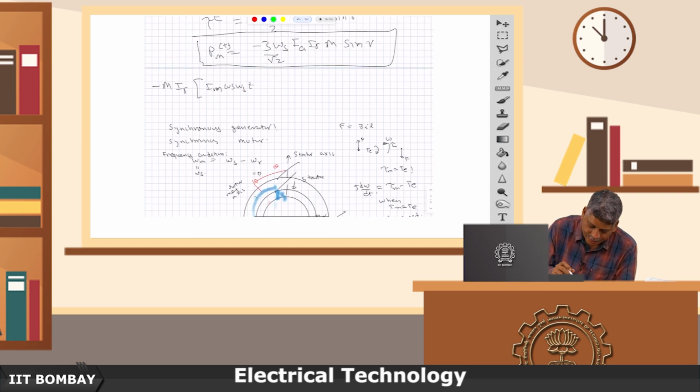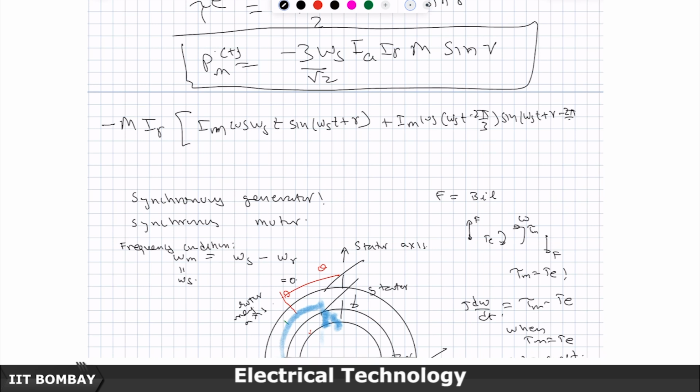So, therefore, I will write this as sine of omega s t plus gamma, and then the other terms are Im cos of omega s t minus 2 pi by 3 sine of omega s t plus gamma minus 2 pi by 3, plus Im cos of omega s t plus 2 pi by 3, that is the current, and the sin theta term, sin theta plus 2 pi by 3, will come out to be plus 2 pi by 3.